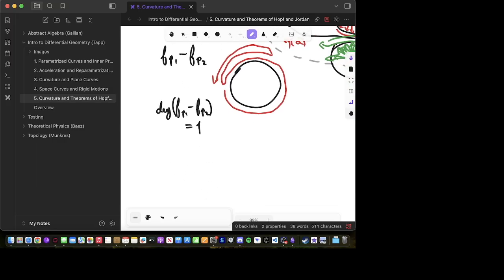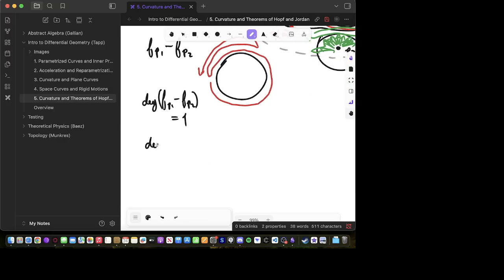Therefore, it follows that the degree of fp1 minus the degree of fp2 equals 1. And there is no half of a degree, there is no quarter of a degree. So these two are in different path-connected components of R2 minus C.